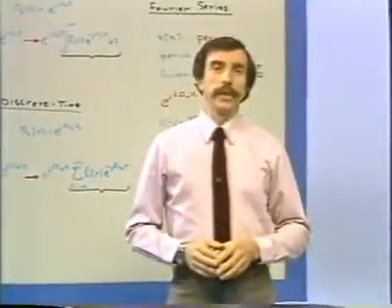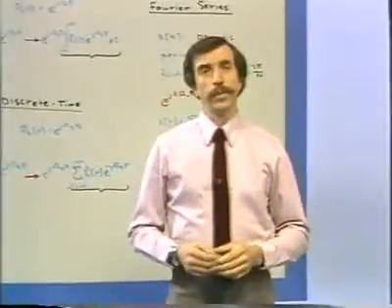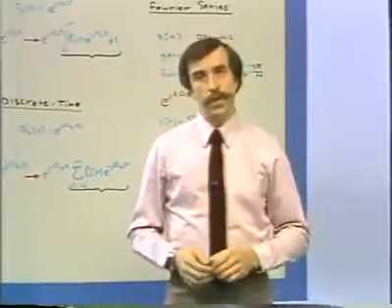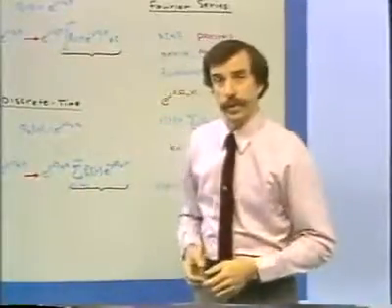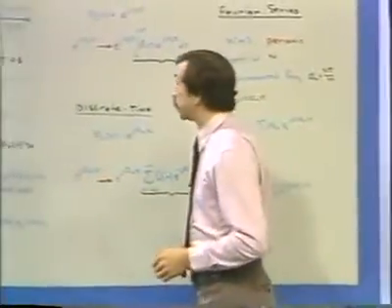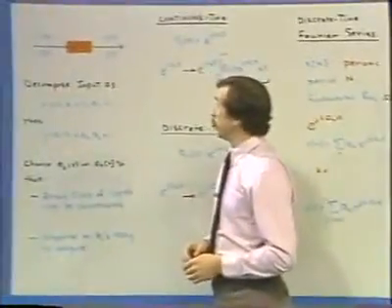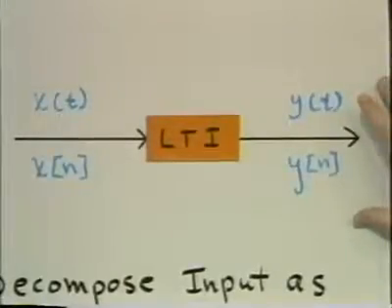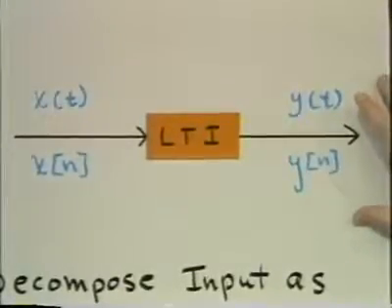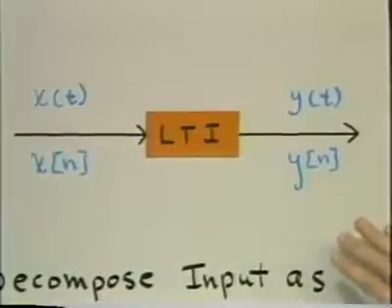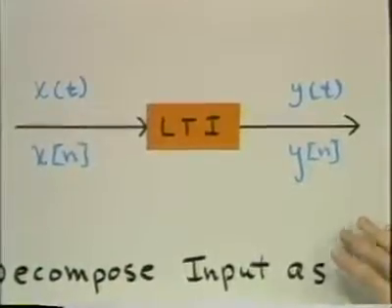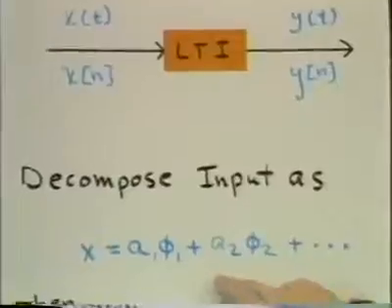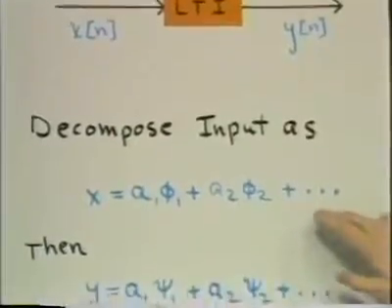The idea is that what we wanted to do was exploit the properties of linearity and time invariance for linear time invariant systems. So in the case of linear time invariant systems, the basic idea was to consider decomposing the input as a linear combination of basic inputs.